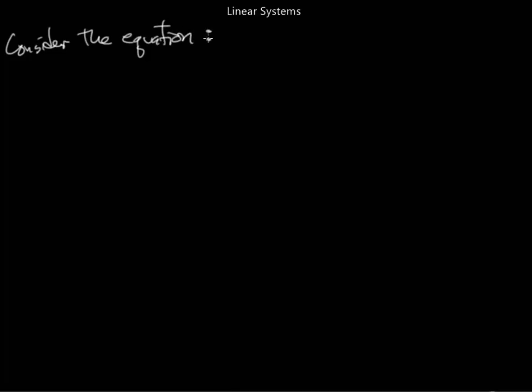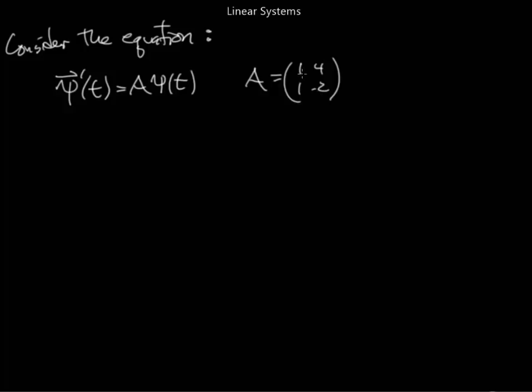Let's consider this equation, psi prime is equal to A times psi. So that's just like the original equation, except I've written psi as a matrix instead of a vector. And A is this matrix here.